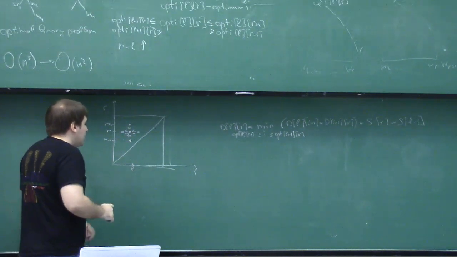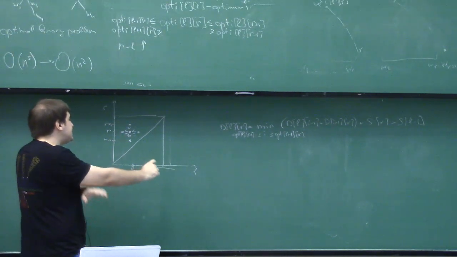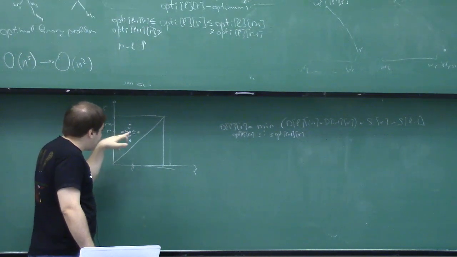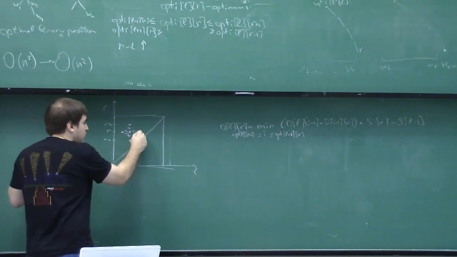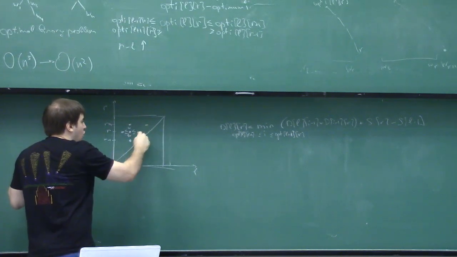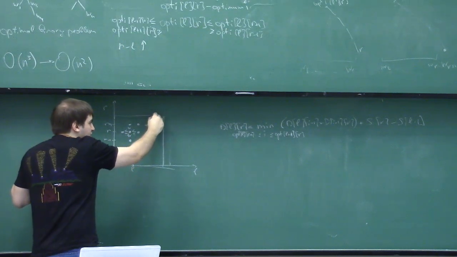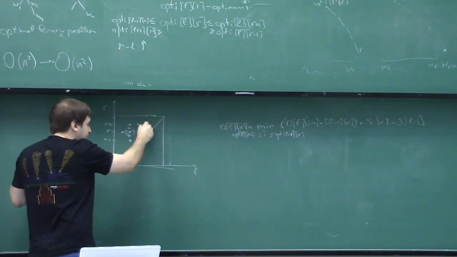Okay. What does that mean? Actually, that means that opt(L,R) lies between these two guys. Also, this one lies between these two.